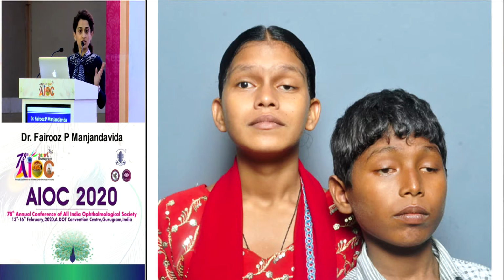As you all know, it can run in the family. There can be a family history of ptosis. These are two siblings who have ptosis in the family. So family history is also very, very important. That adds to the fact that ptosis can be familial in a congenital ptosis.